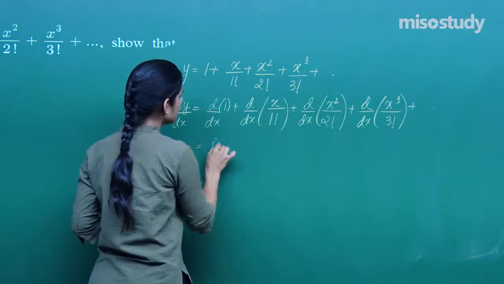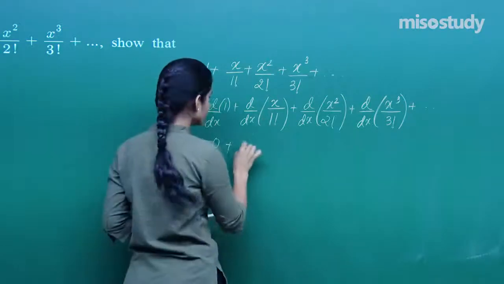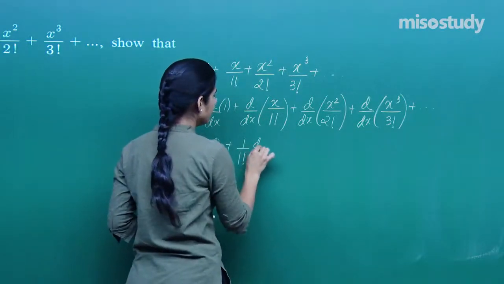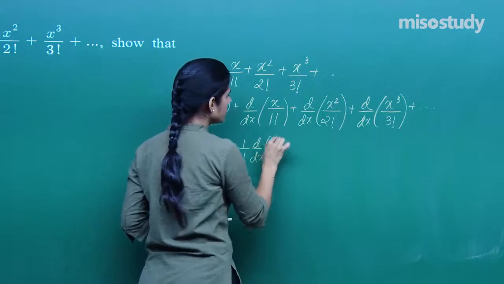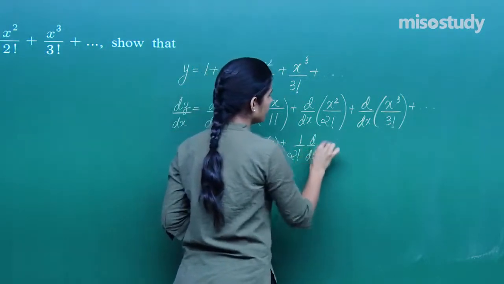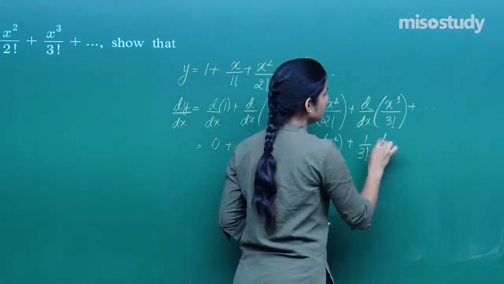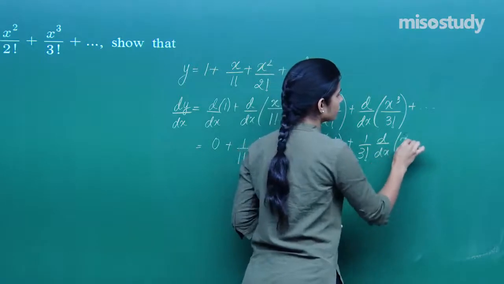D by dx of constant is 0, d by dx of constant times a function is constant times d by dx of that function. Again scalar comes out, again scalar comes out, d by dx of the left out function.